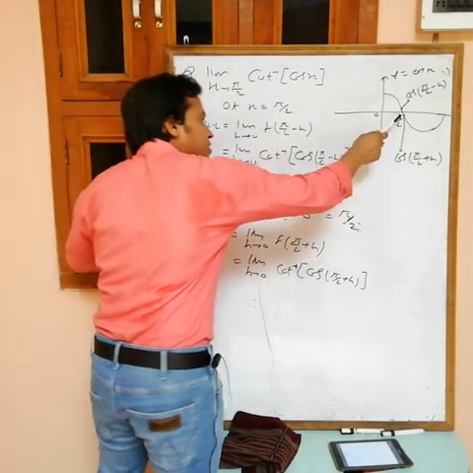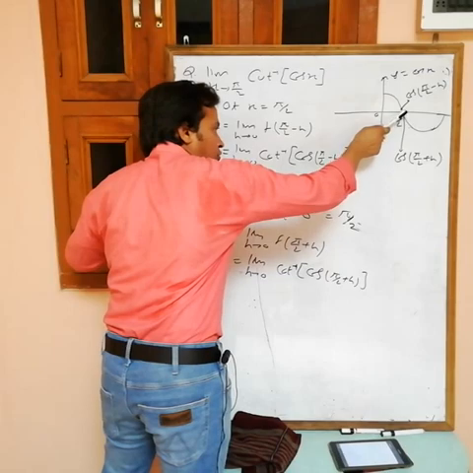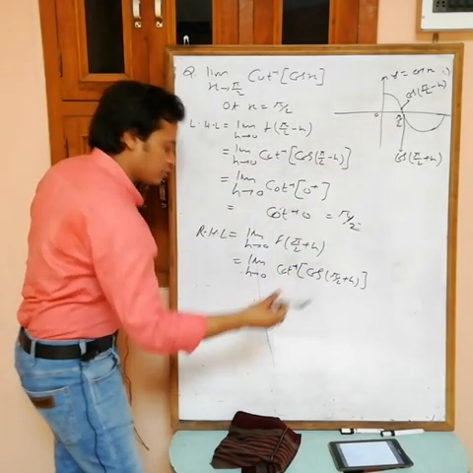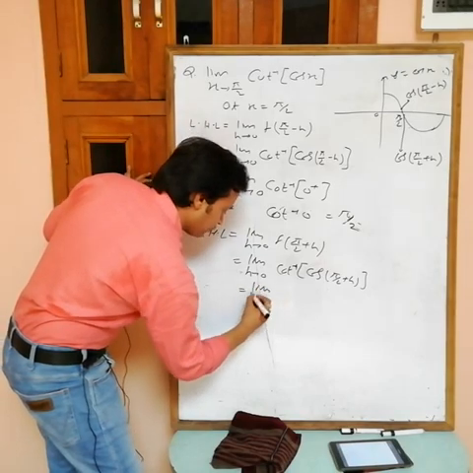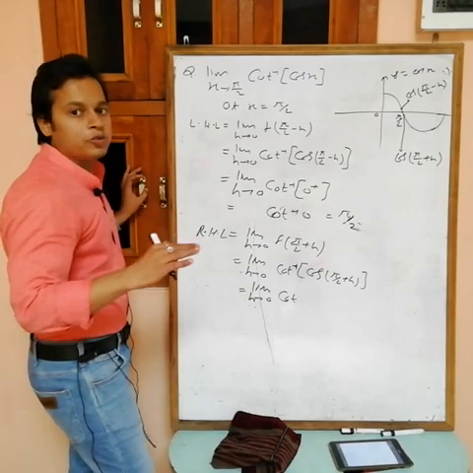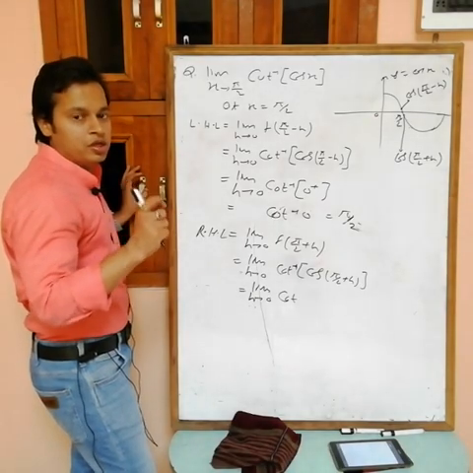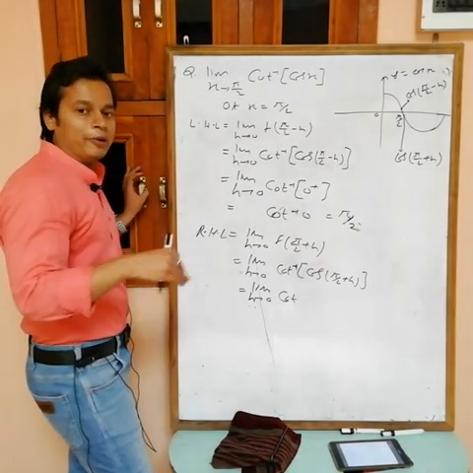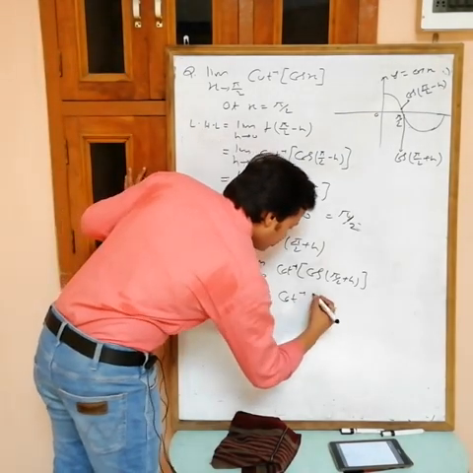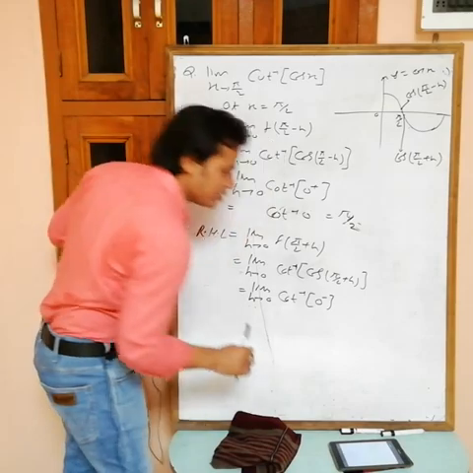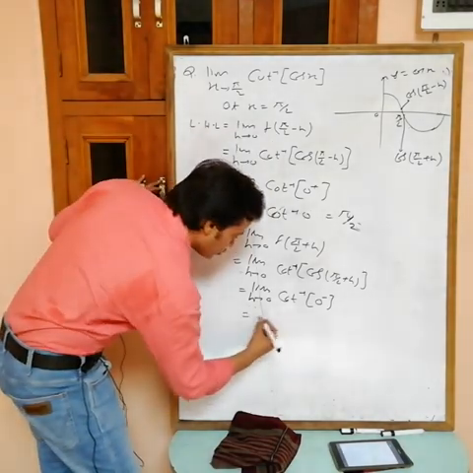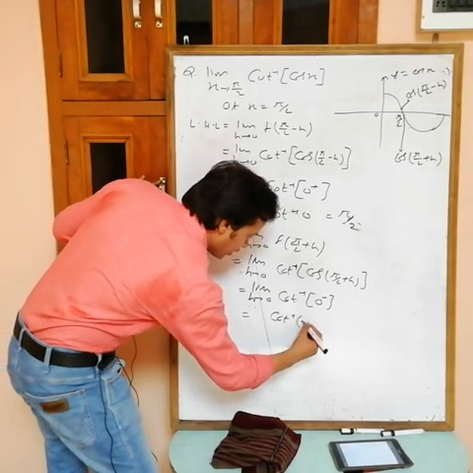Now cos of pi by 2 plus h is just less than 0. As h tends to 0, because there is a greatest integer, you can't directly put h equals 0, because minor values matter. In the case of greatest integer and fractional part, you can't directly put h equals 0. So this is 0 minus, and the greatest integer of minus 0.00001 is minus 1. So this is cot inverse of minus 1.